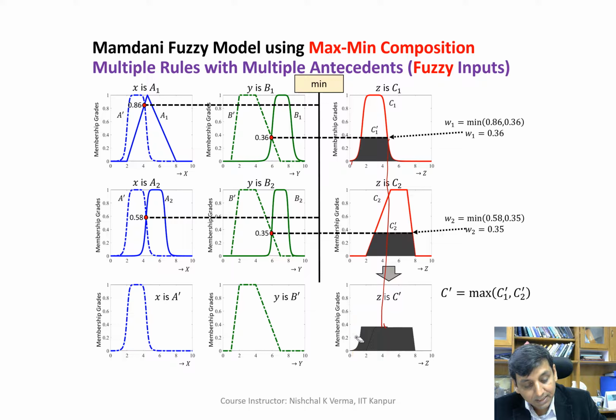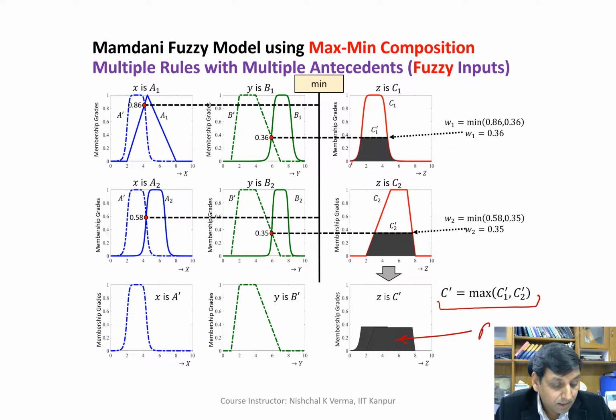So we aggregate the output from rule 1 and the output from rule 2. Both the outputs are aggregated. We are taking the union, and the max is giving us the fuzzy output corresponding to the fuzzy input. Now this fuzzy output can suitably be defuzzified by using suitable defuzzifiers.